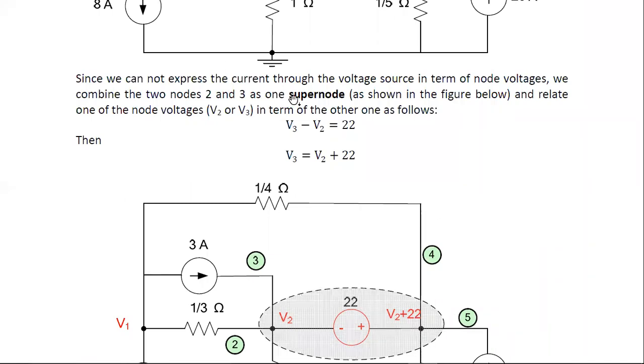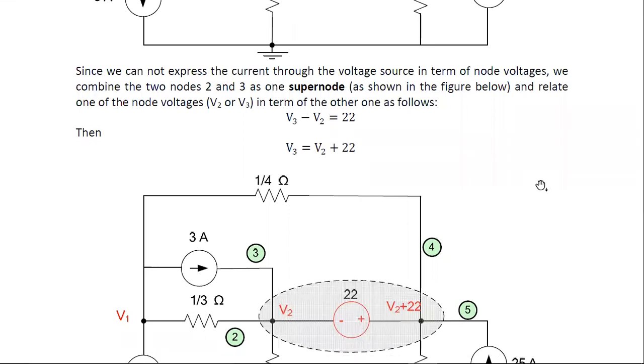Here we cannot express the current through the voltage sources. We can express the current flowing only through passive elements, either resistive, inductive, or capacitive. We can't express the current through the voltage source, because the voltage source comes into the picture only when a resistive load is connected across it or in series with it.